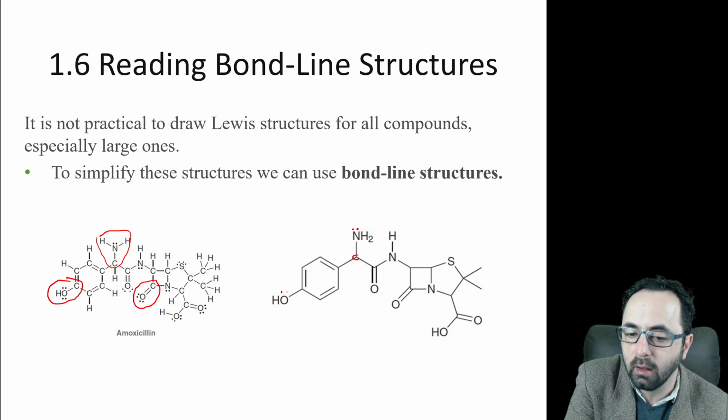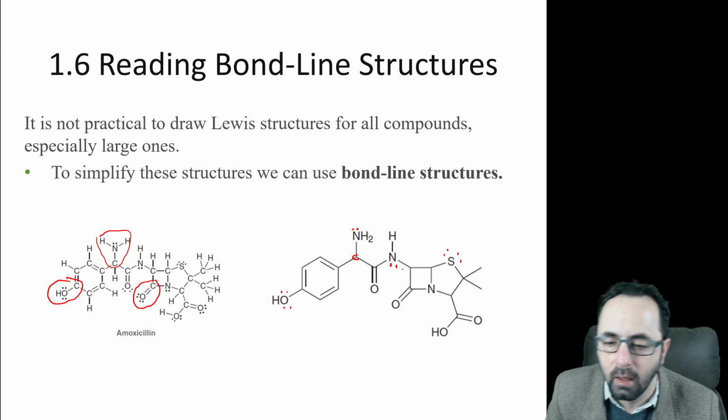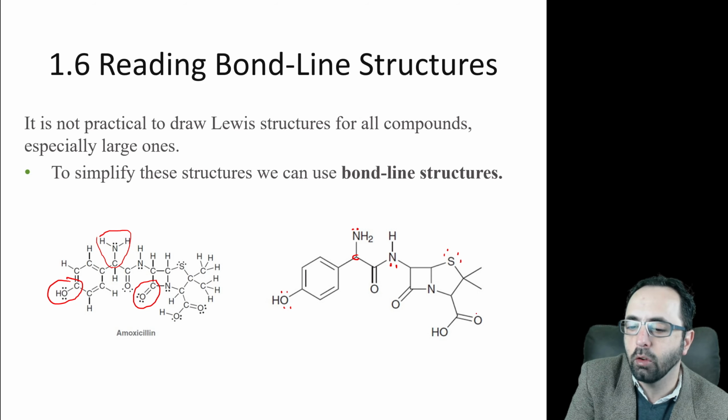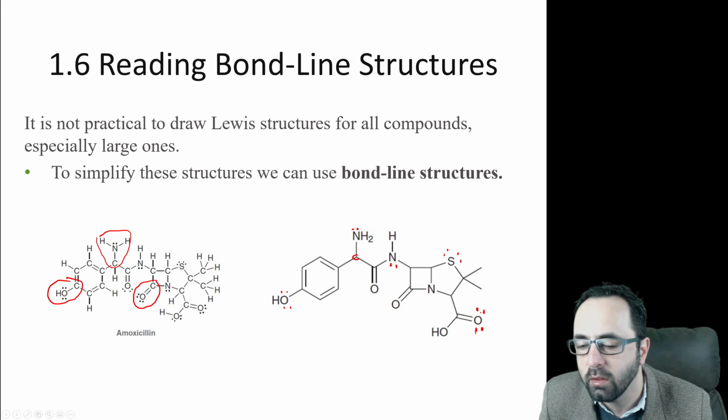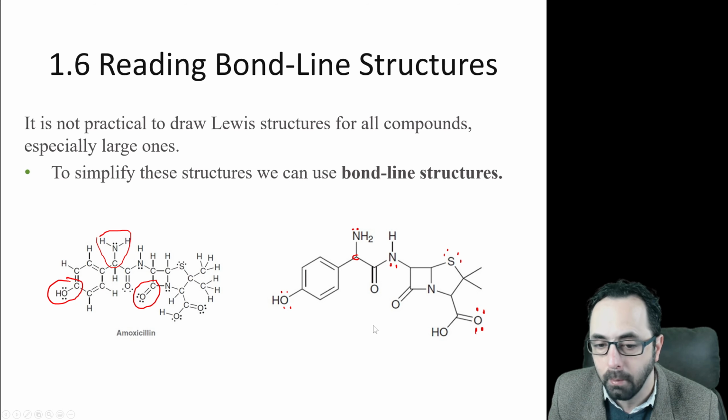Oh, this oxygen is making 2 bonds, it has 2 lone pairs. Or this sulfur is making 2 bonds, it has 2 lone pairs. This nitrogen is making 3 bonds, it has 1 lone pair, and so forth. So you can fill these in your mind once you're starting to get used to these structures, and you don't have to draw them anymore because everyone knows.